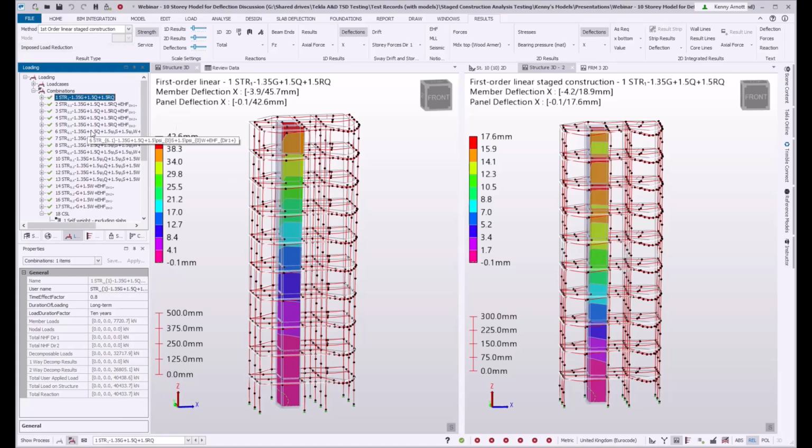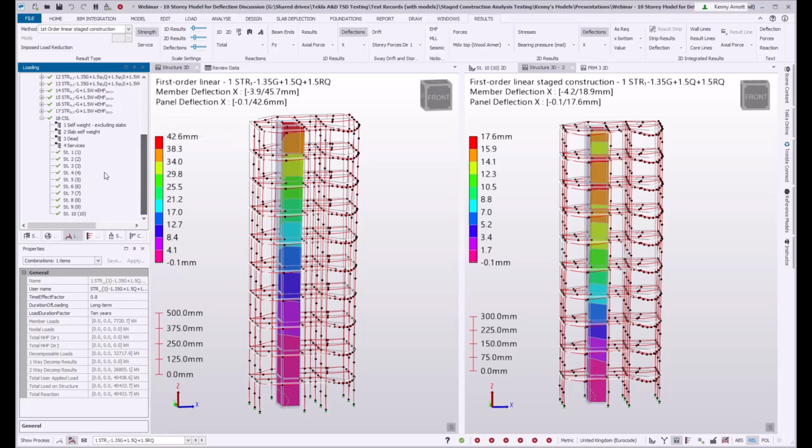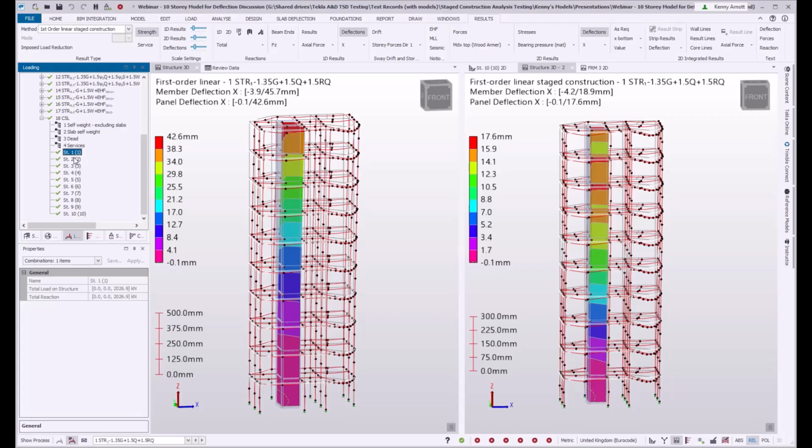So that's at the ultimate limit state, and I can also look at any of the stages and see what the total loading was at that stage. So at the end of the construction stages, it was just under 25,000. So that's 60% of the load was developed in the construction stages in this idealization, and it goes up by another 40% when the loads are taken to full ultimate limit state values.